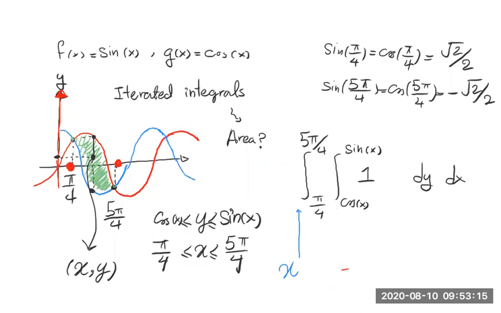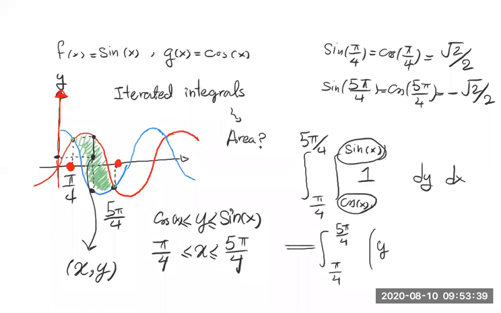Well, let's compute that. Okay, first we should take the integral of 1 with respect to y. What is the integral of 1 with respect to y? Well, it's simply y itself plus a constant. But when we plug in these bounds, as you saw before, the constant would cancel.